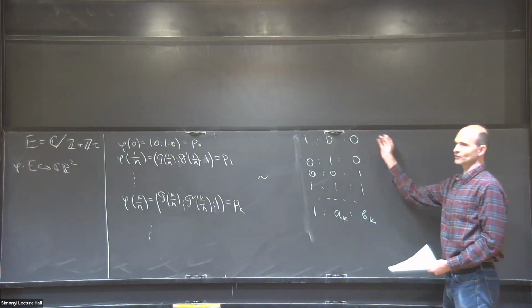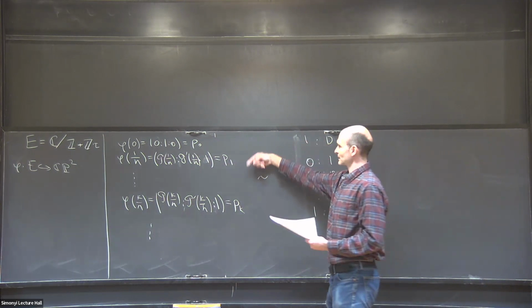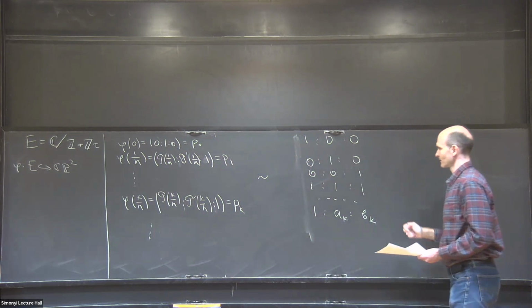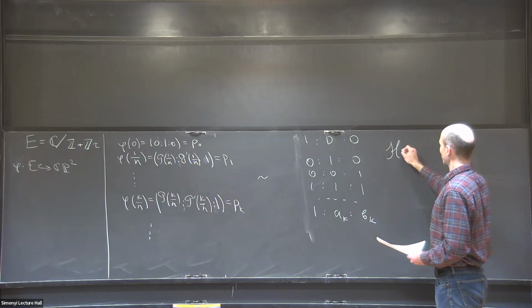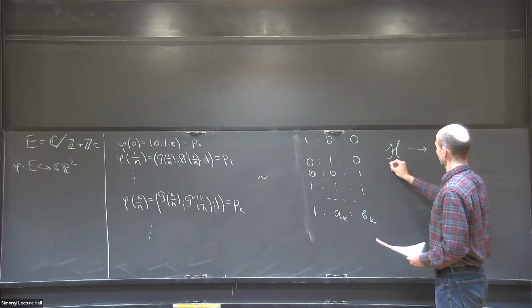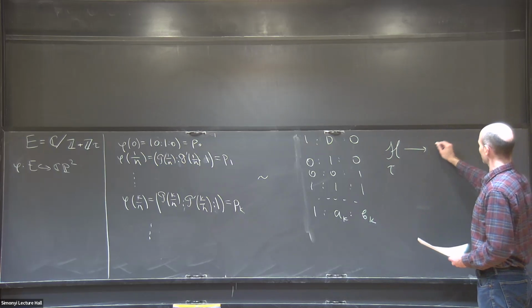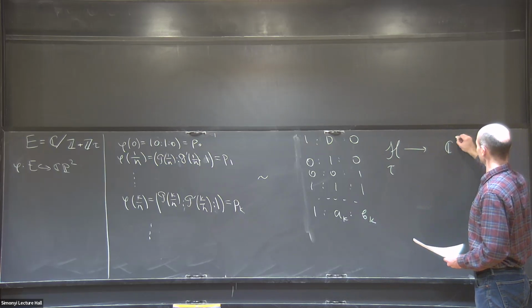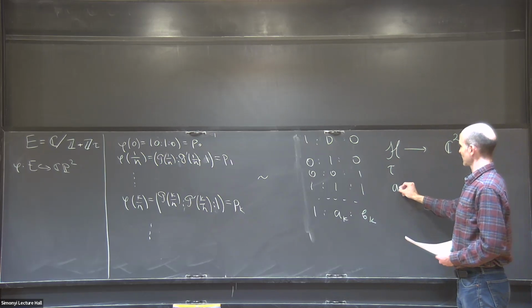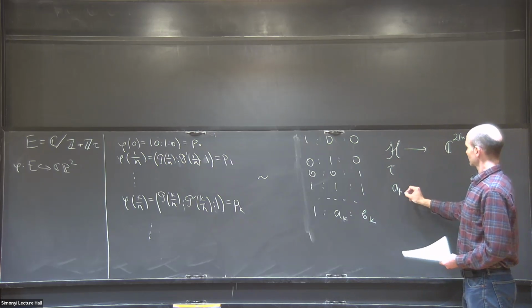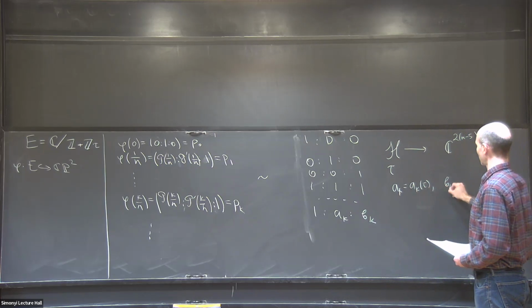There's a unique way of doing it, because these 4 points are not collinear. So now you can think of it as follows. You have a map from H to, if you wish, C to the 2n minus 5, or you can just think of AK and BK as functions of tau.